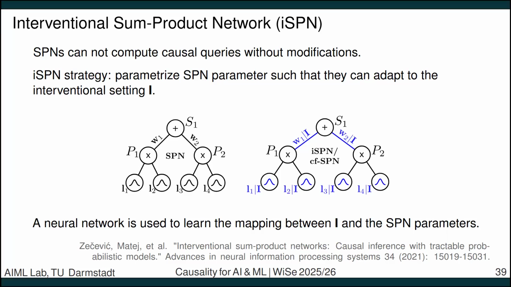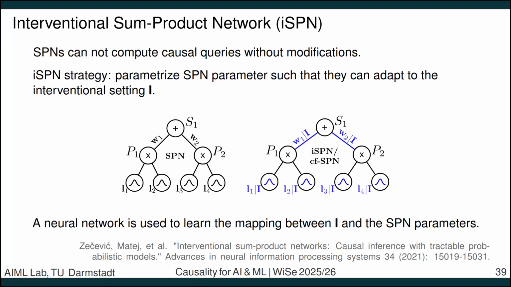But basically what this then corresponds to is having a neural net which outputs the parameterization of our SPN. And then once we get those parameterizations according to the active interventions, we simply do the same forward pass. So we put in all our observational values at the leaf nodes and propagate them like in a standard SPN to the top to get our density estimate.